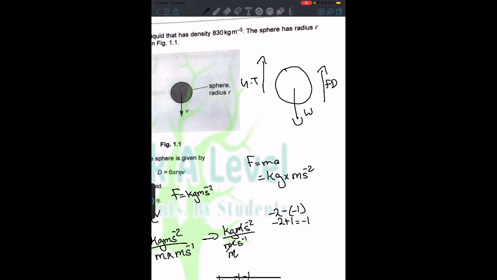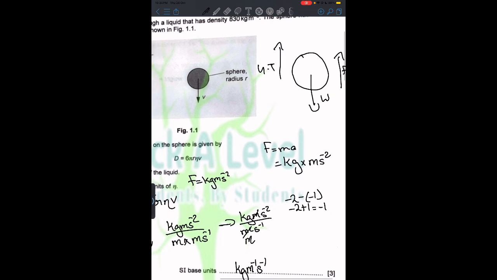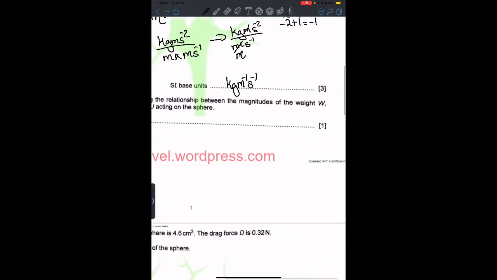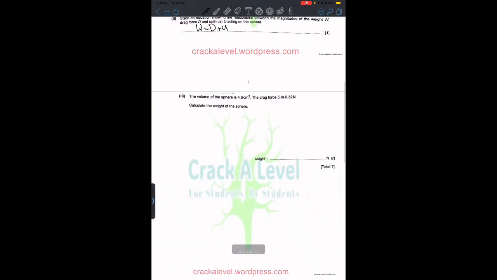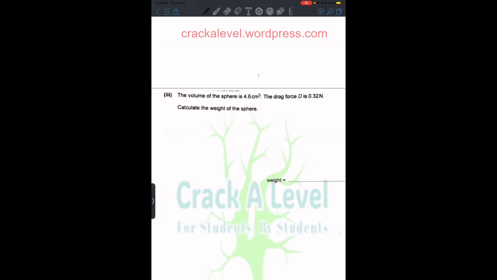So the downward force W is equal to the sum of the upward forces, which is the drag force plus the upthrust, W = D + U. Then it's saying that the volume of the sphere is 4.6 centimeter cube.